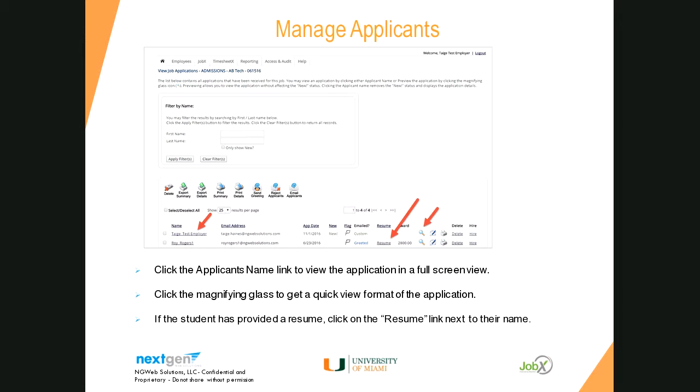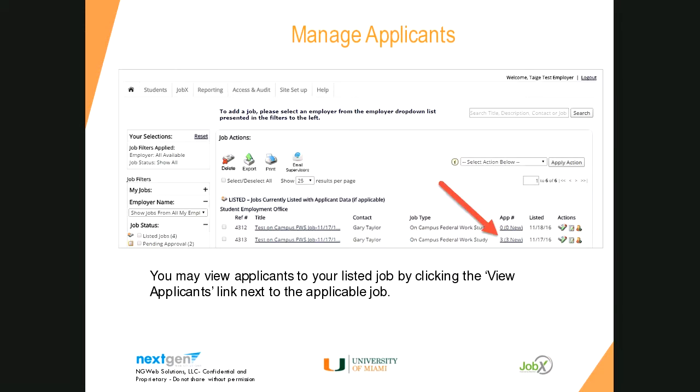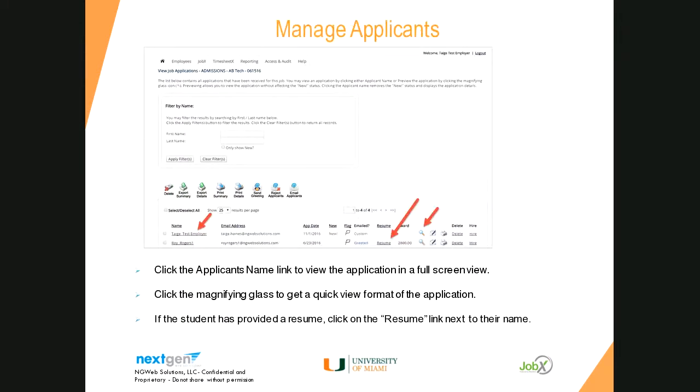So let me go back here a minute. If you select, where the red arrow is, that number 3, that means you want to go to the Manage Applicants screen, where you'll have more options in terms of what you can do with the student applications. So you can click on the applicant's name if you want to view the application.